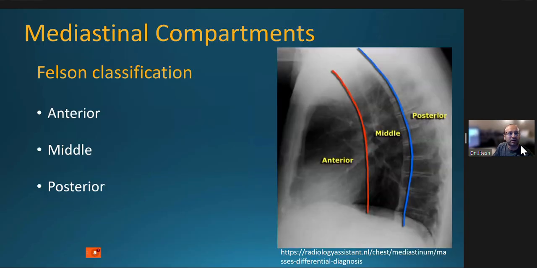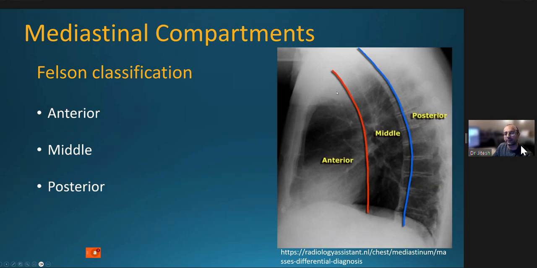So, for the sake of localization of the mediastinal abnormality, traditionally the mediastinum was divided into three compartments by Felson, and we used this classification for a long time. It was based on the lateral chest radiograph, and divides the mediastinum into the anterior, middle, and posterior compartments.